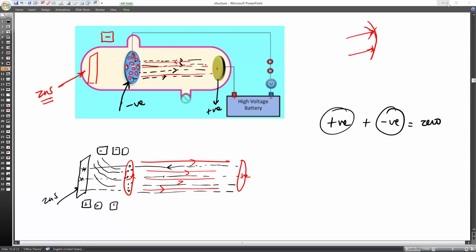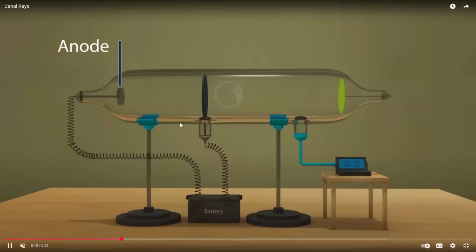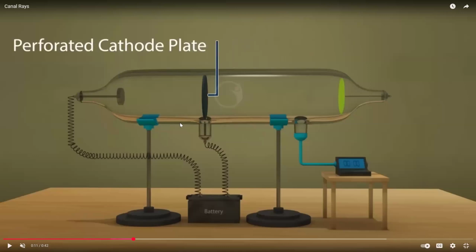Let me show you. The pressure was lowered more and the voltage was increased, so this type of setup was used in the anode ray experiment.